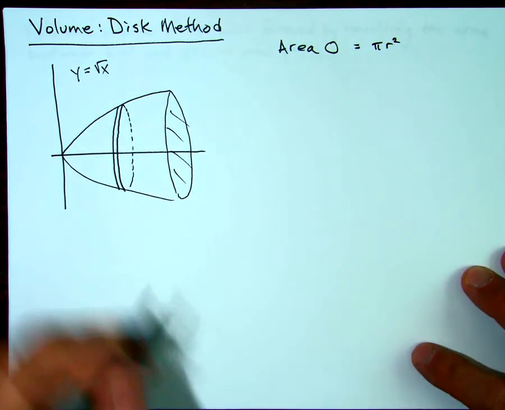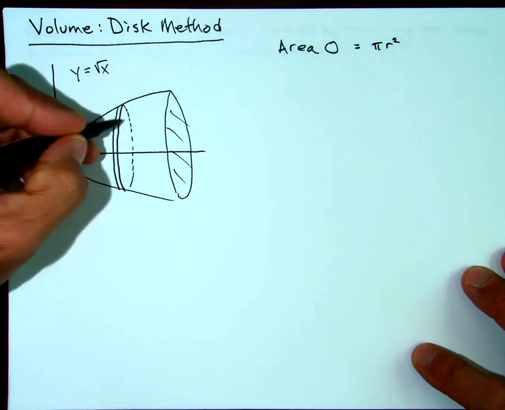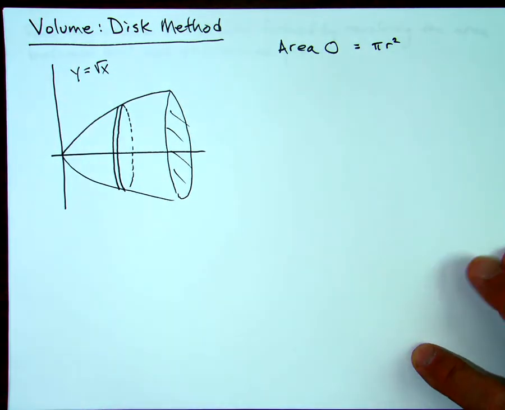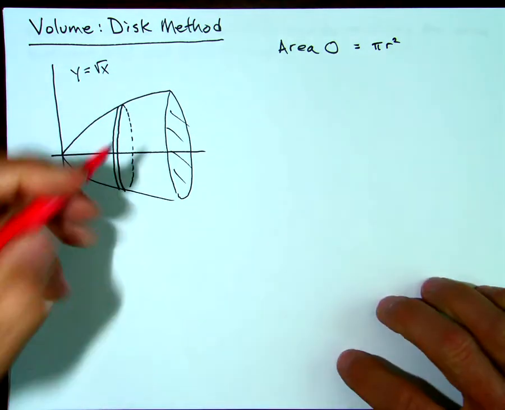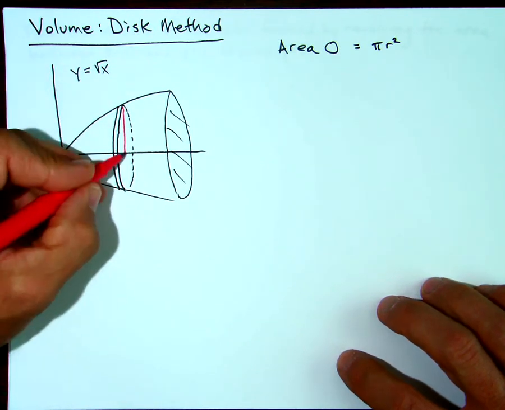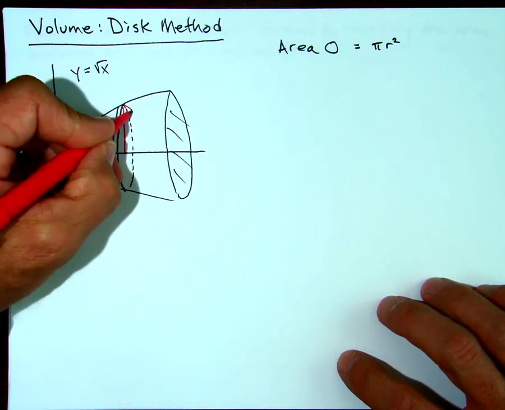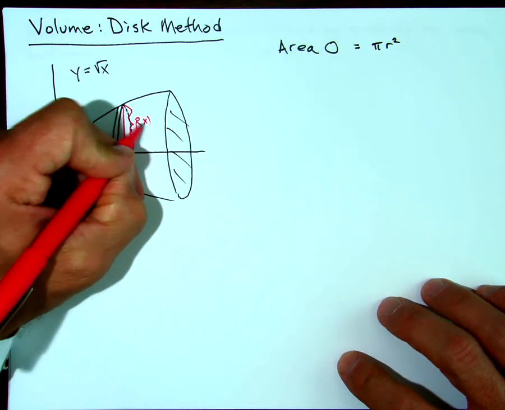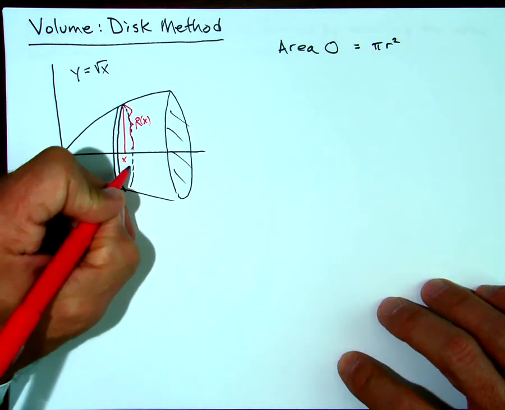So for this particular circle, the question is, what's the radius? Well, I'll use another color to highlight this. This would be the radius, and again, this is symmetric, so even though this one looks a little bit shorter, it would be the same on this side. We're going to call this the radius, but it's going to be a function of x, where this is x right here.